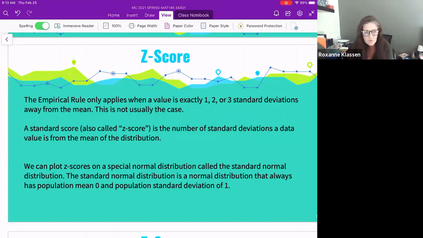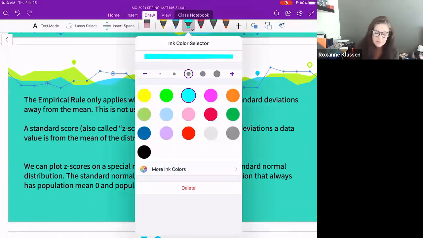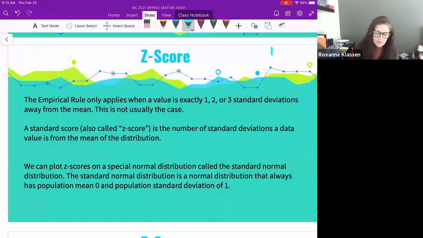So a standard score is also called a z-score, and it's the number of standard deviations a data value is from the mean. And we can plot z-scores on a special normal distribution called the standard normal distribution. And this is the most important part of this page right here, because I know there's a lot of words going on there.